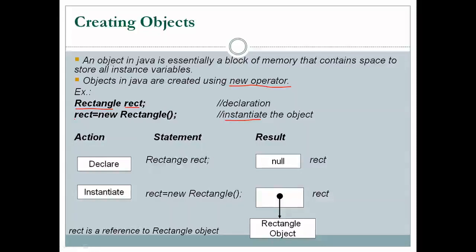In the instantiation, the object name, that is rect, which we declared in the earlier step, equals the new operator and then the constructor name Rectangle, again with round bracket open and round bracket close. So this is how an object is created in Java: first declaration and then instantiation.